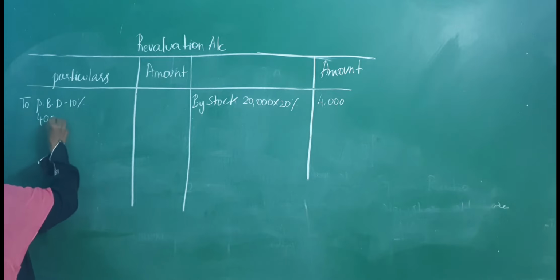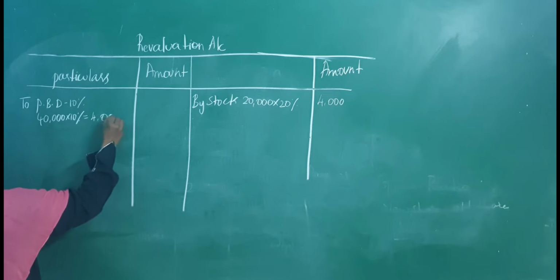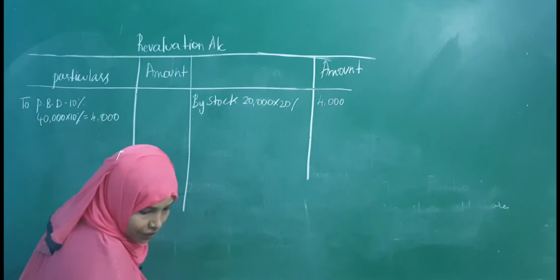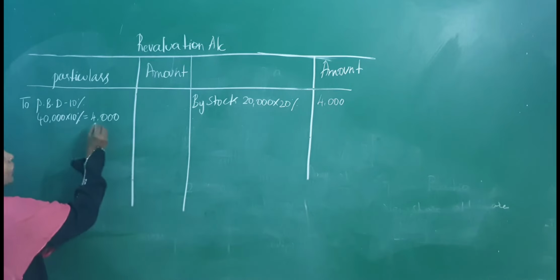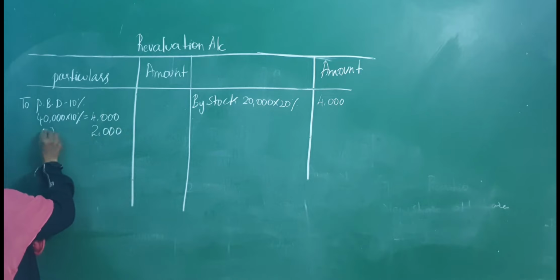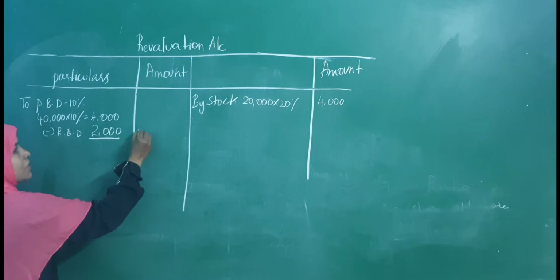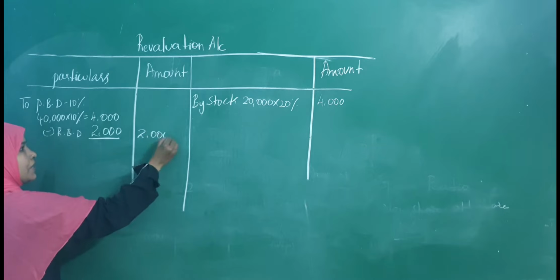The value of the debitors is 40,000. 40,000 into 10% gives you 4,000. They have given RBD, that you have to minus whatever is given in the question. Minus RBD. 4,000 minus 2,000 is 2,000.